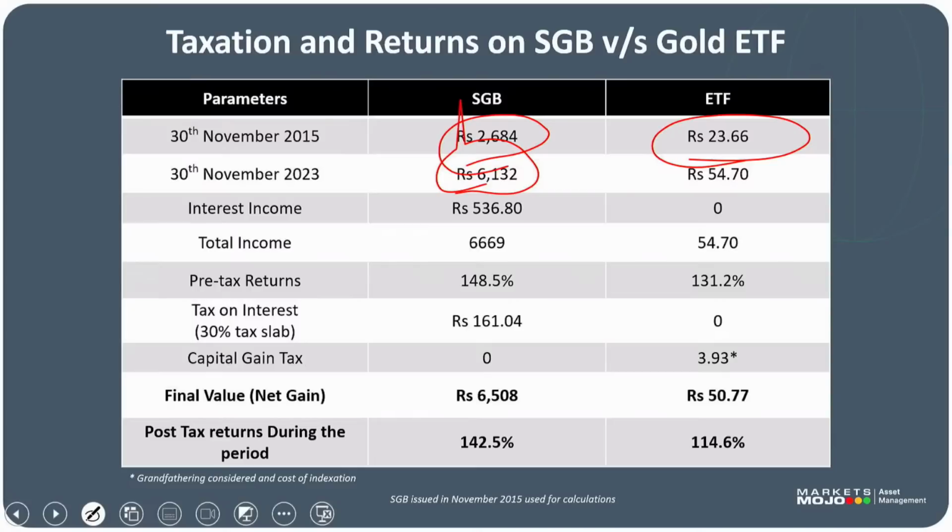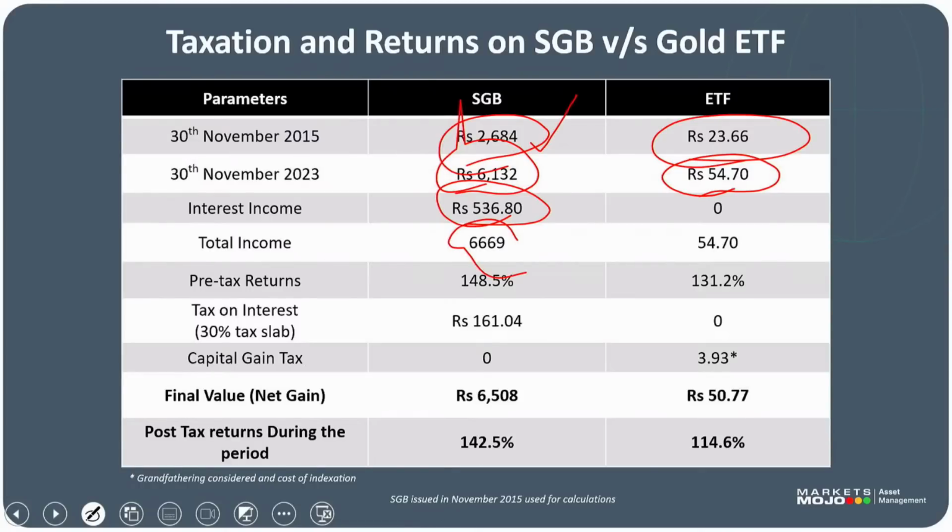Had you bought the ETF, the value as on 30th November 2023 was 54.7. While ETF does not give you any interest, there is interest you would have earned on SGB of 536, and I'm not looking at the time value of that, just the absolute 536. In other words, you invested 2684, but your income is 6669.